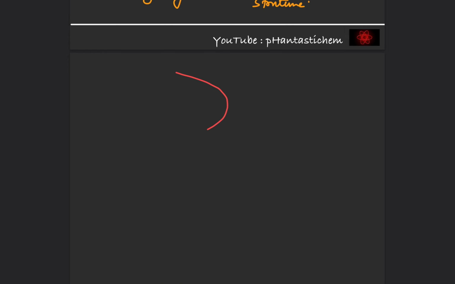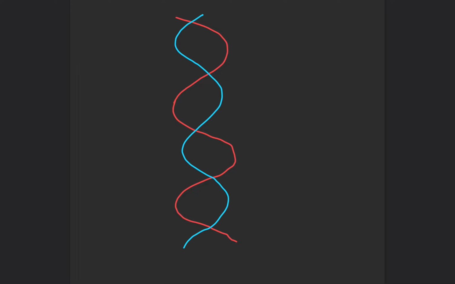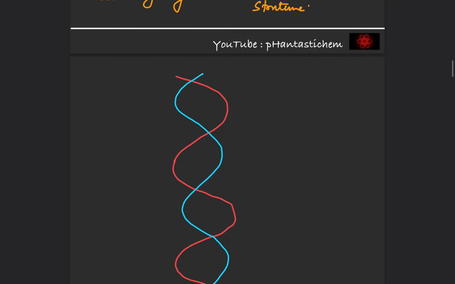Okay. So to draw this, let us say that this is one of the strands, and let's say this is the other strand. Okay, so it consists of two polynucleotide strands, and they run in opposite direction, giving a double helix structure to the DNA. And the backbone of each strand, that is, this is the backbone, and this is the backbone of the other chain.